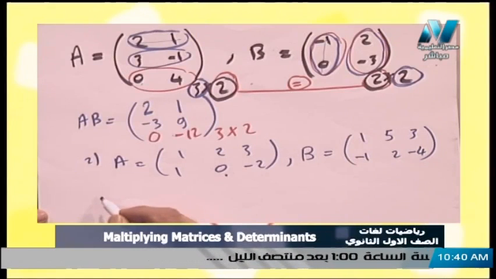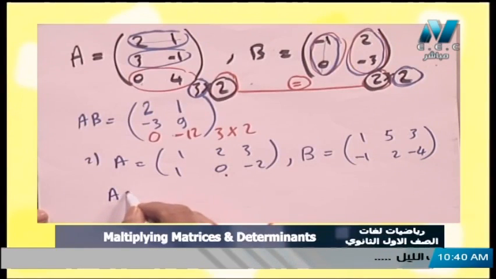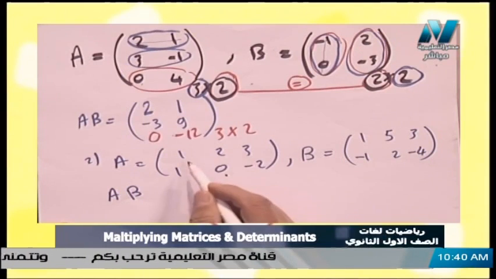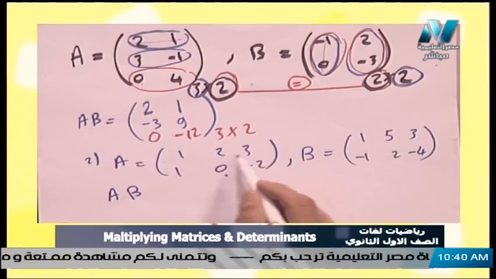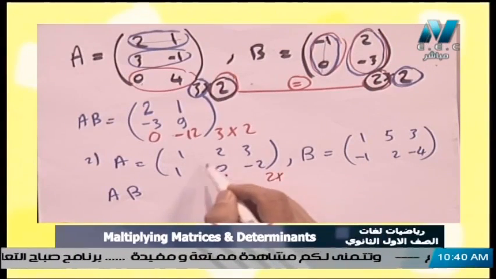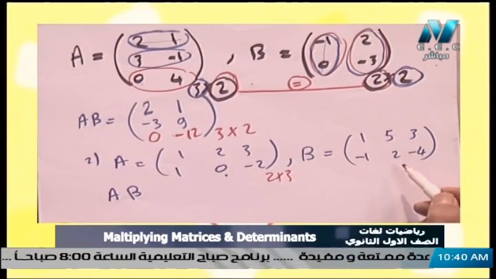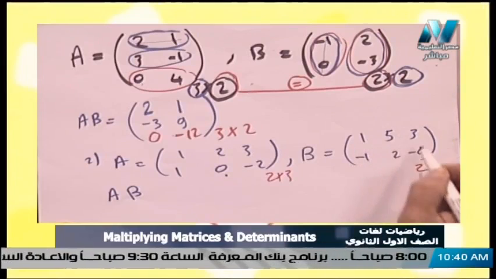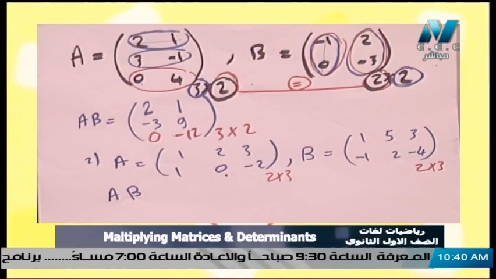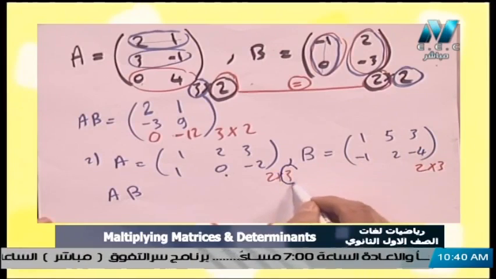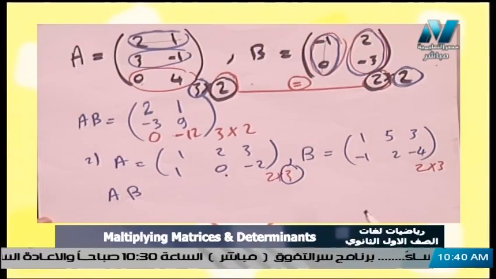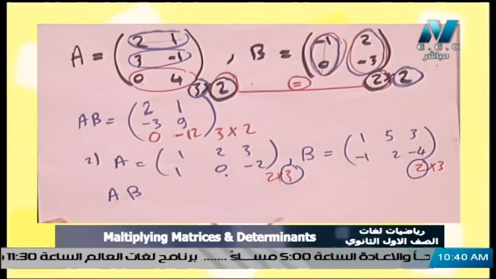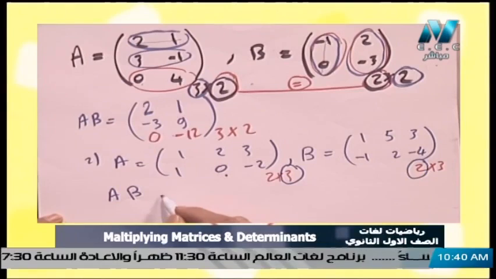Is it possible to multiply A by B? We'll investigate now. The order of this matrix is 2 rows by 3 columns, and this one is 2 rows also by 3 columns. Here the number of columns doesn't equal the number of rows, so AB is impossible.